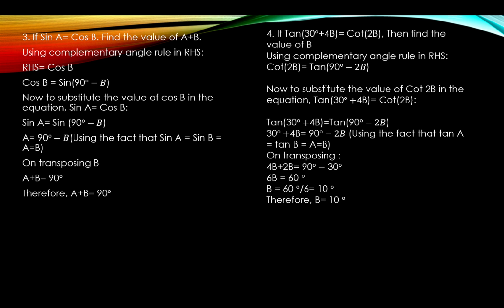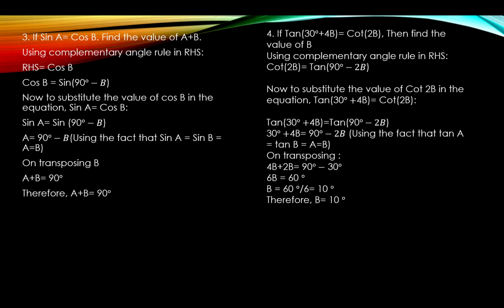Substituting this in the equation, tan (30 plus 4b) is equal to tan (90 minus 2b). Now we use the fact that if tan A is equal to tan B, then A is equal to B, so 30 plus 4b is equal to 90 minus 2b.